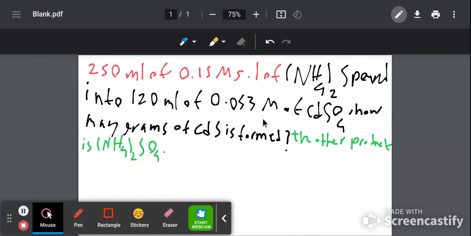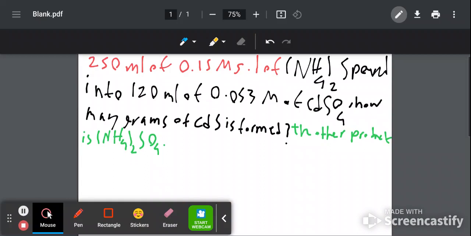We want to find how many grams of cadmium sulfide, CdS, are formed. We're also given the other product when (NH4)2S and CdSO4 are chemically combined, which is (NH4)2SO4.